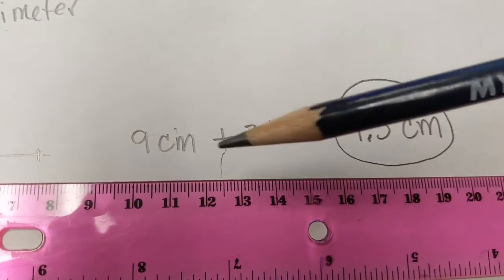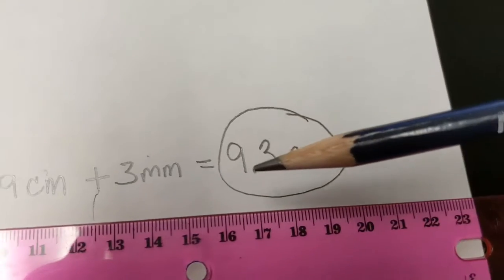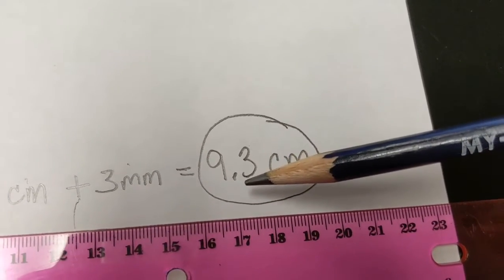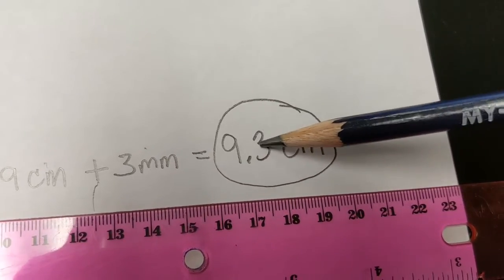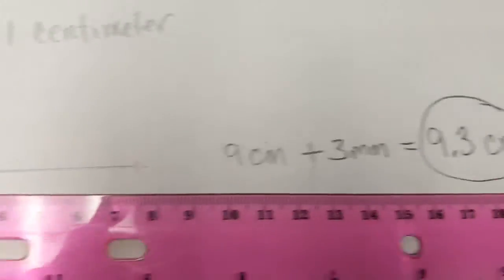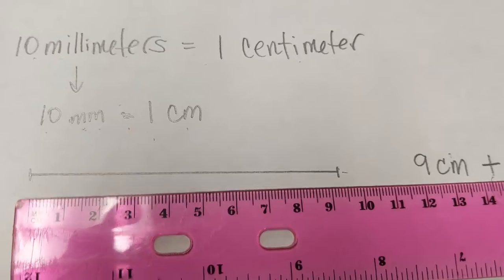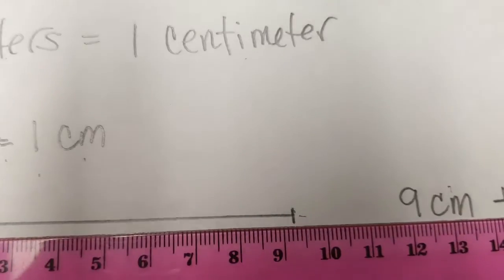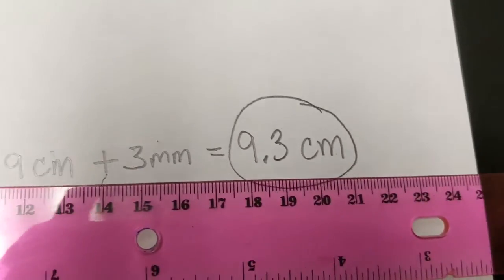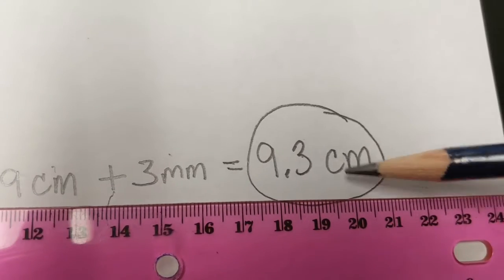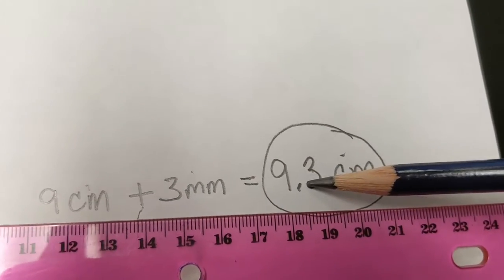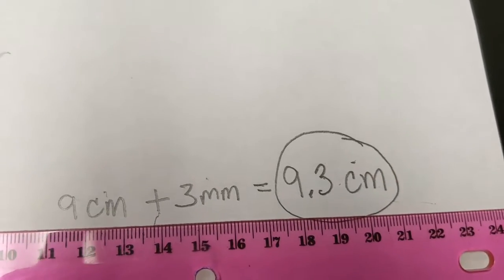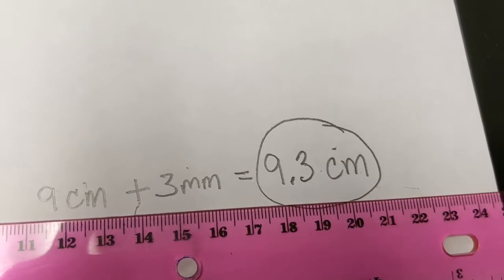There's 10 millimeters in 1 centimeter, so we can write it in decimal form. That would be 9.3 centimeters. That's how you include the millimeters. You're going to include the millimeters as a decimal of the centimeters. So there you go.